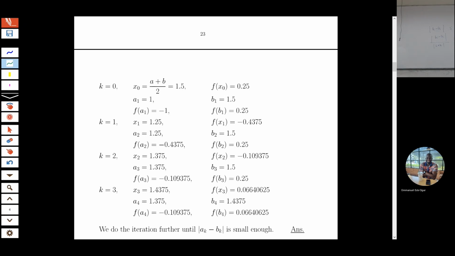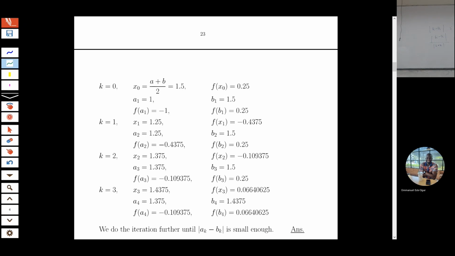Now we do another iteration. Then x1, which is the midpoint in the second iteration, is 1.25, and we compute f(x1). From here we see that the sign of f(x1) is minus.